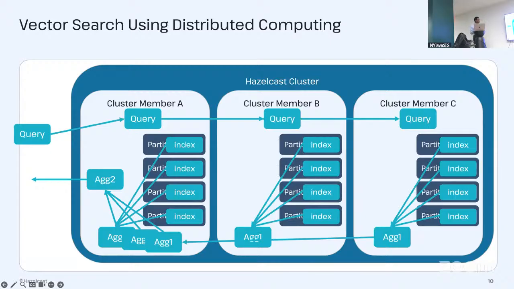Of course, if you want to scale, you can use dynamic scalability. So when I add a node to the Hazelcast cluster, the partitions are redistributed automatically. So it works well in container environments. So if you want to horizontally scale your solution, you can do that.